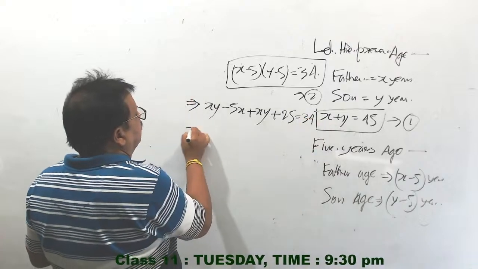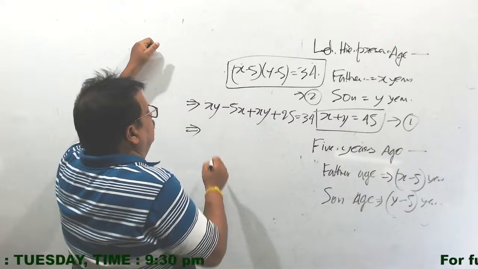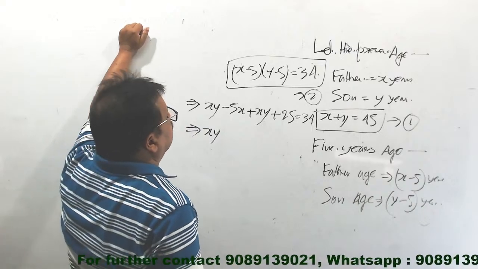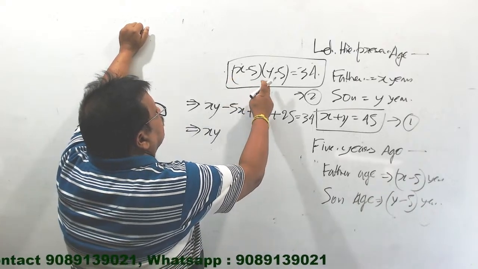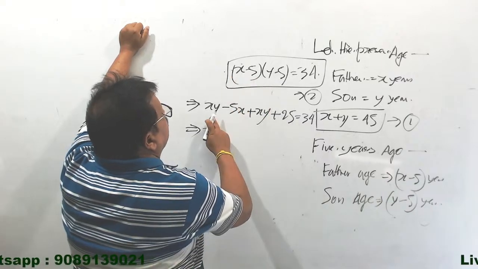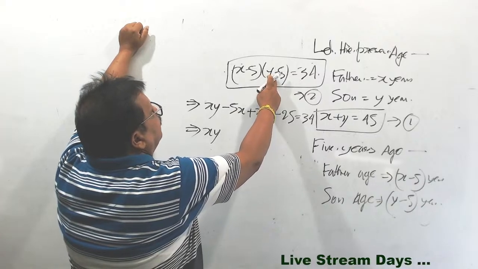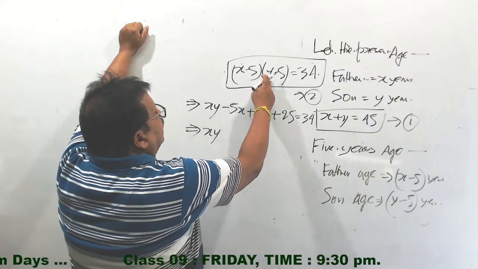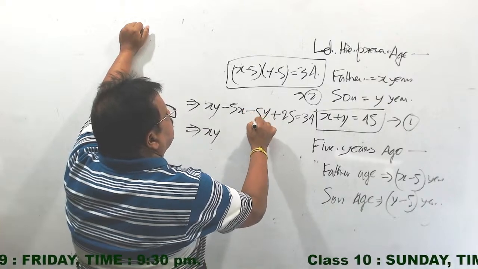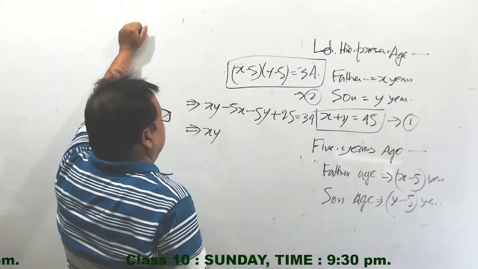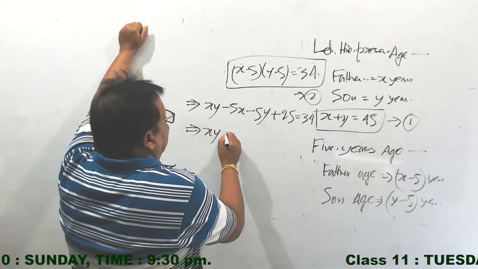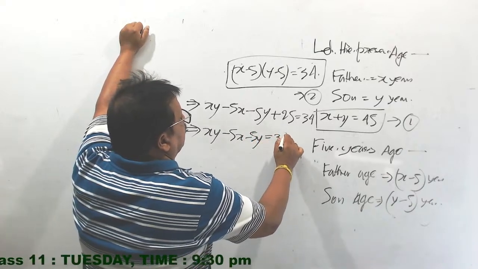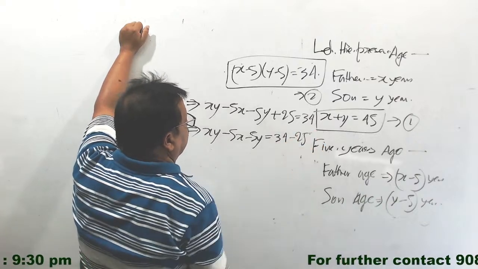I made a mistake, so correcting: xy minus 5x minus 5y is equal to 34 minus 25.